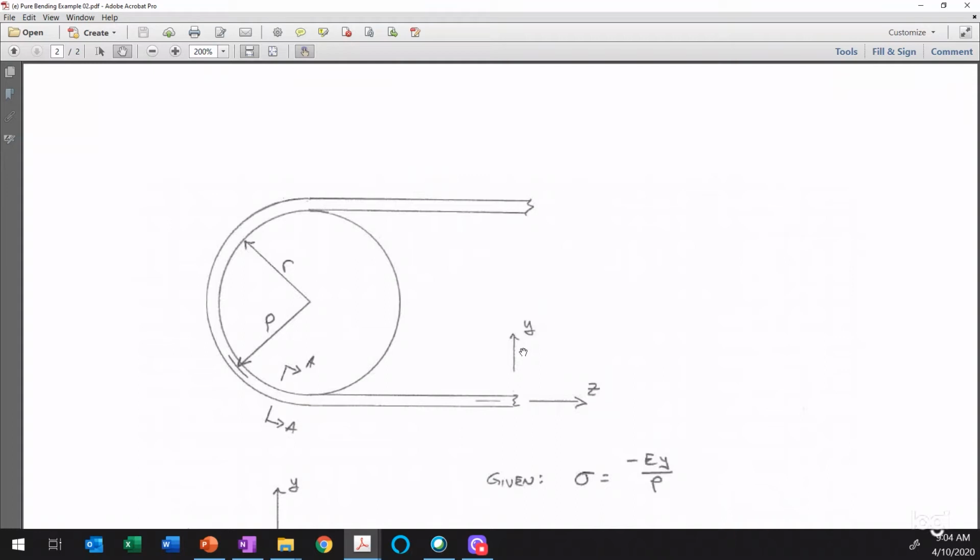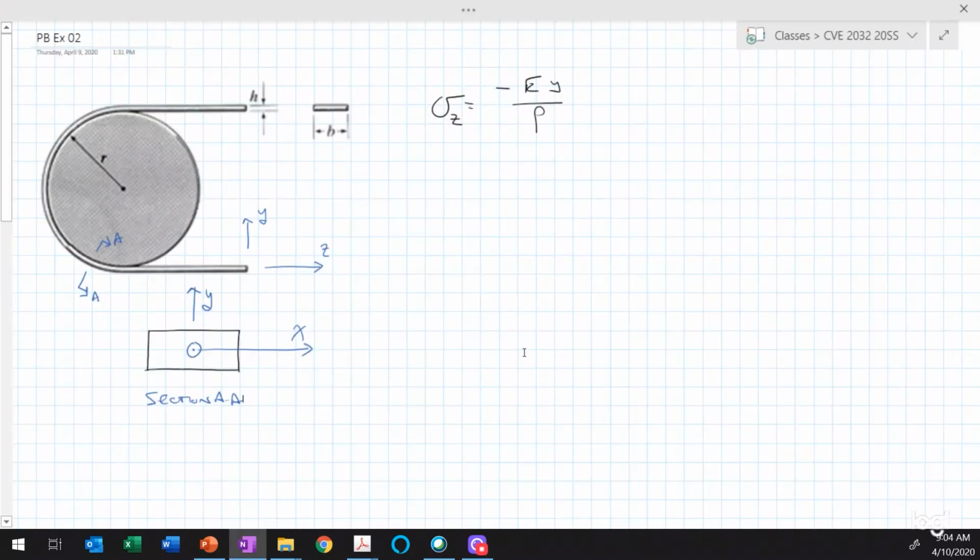So there is a finite difference there. It's not terribly large in terms of actual numbers, but it is large enough that it makes a small difference in our calculations. So we can say that rho, the radius of curvature of the strapping, is equal to r, the radius of the cylinder that the strapping is being wrapped around, plus half of the height.